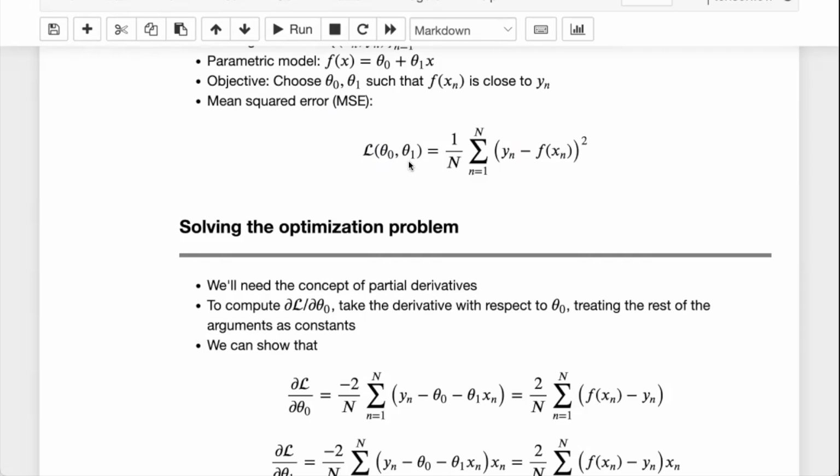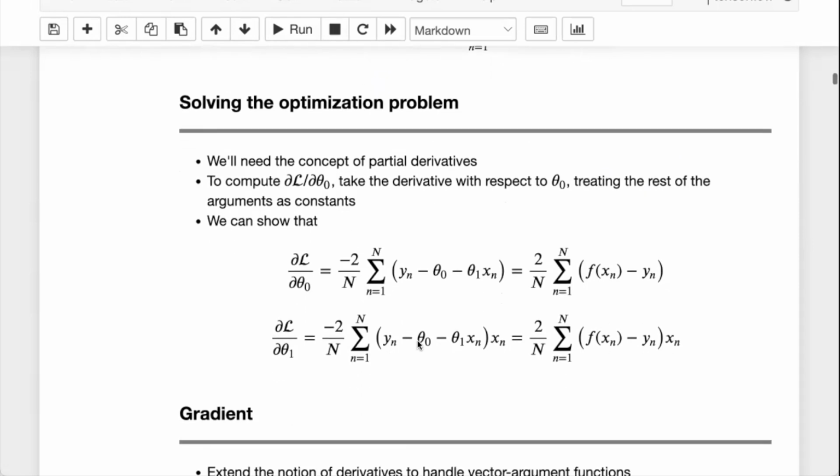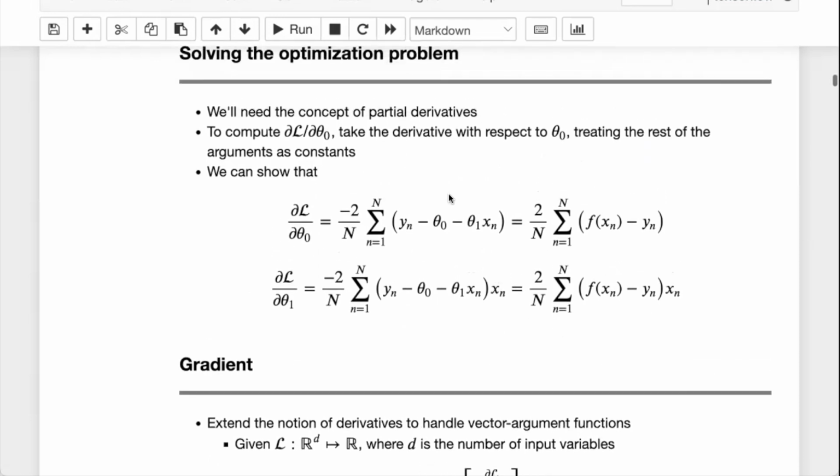Therefore, when we want to use the principles of solving optimization problems, meaning finding derivatives and setting them equal to 0, we have to take this into consideration: we first find the partial derivative with respect to theta 0, meaning that everything else is constant or fixed, except for theta 0, and then a second time we find the partial derivative with respect to theta 1, and then we can set them equal to 0. Next, I'm going to show you how you can derive these equations in a couple of slides.